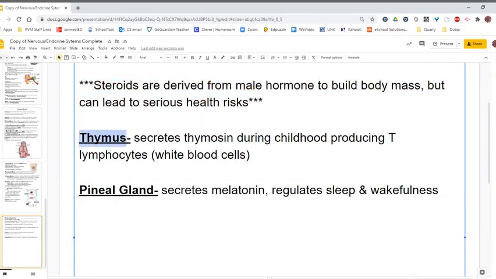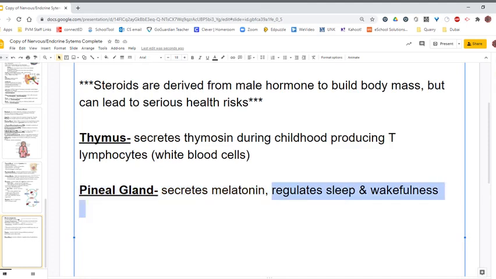Last two on here are the thymus, which secretes thymosin, and we learned about T lymphocytes, or white blood cells, during the immune system. This is active during your childhood. And last on here is the pineal gland, and that secretes melatonin, which stimulates pigment production.